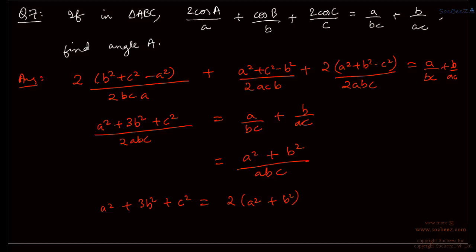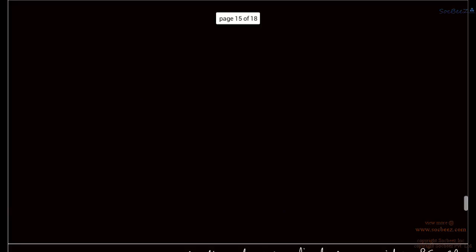So this is a squared plus 3b squared plus c squared, 2a squared plus 2b squared. So 1 a square and this cancels, 2b squared and this cancels. What I have is, I just have a square is equal to b square plus c square.